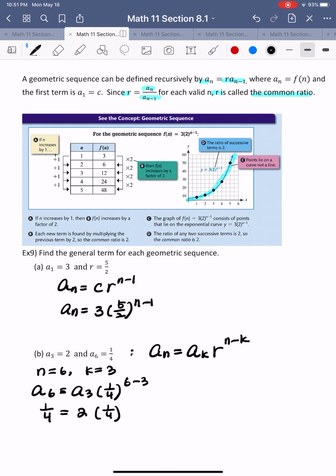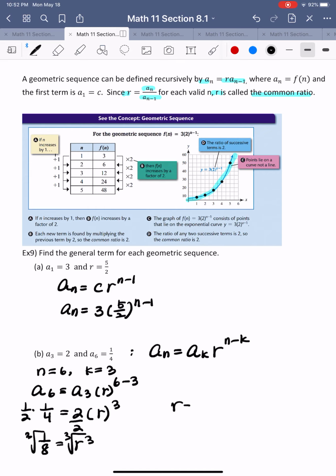Oh no, we are looking for r, right? Sorry about that. A sub 3 is actually 2, and a sub 6 is 1/4. So divide by 2, which is the same as multiplying by half, so 1/8 equals r cubed. Then taking the cube root of both sides, r equals 1/2.